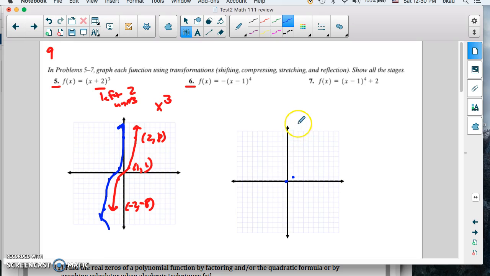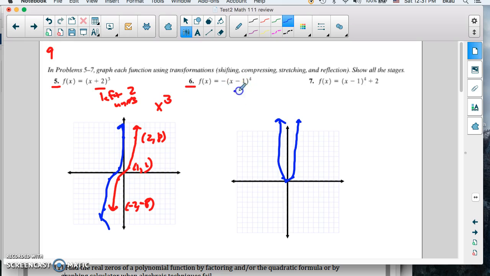So it's way up here past this point. It's a really steep upward graph, and that happens on both sides. Negative 2 is also the same thing up there.